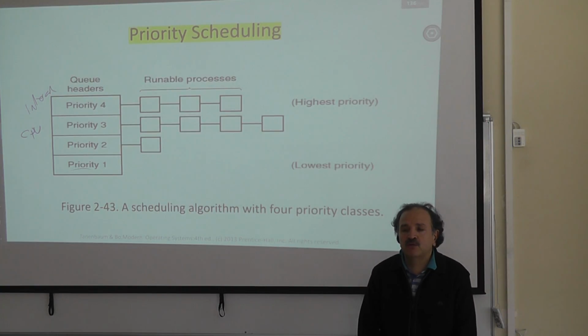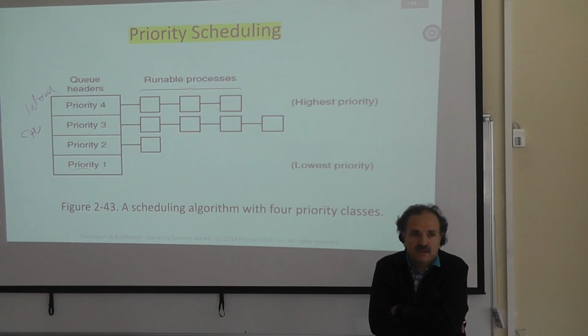Batch systems, how much is the quantum time for batch systems? It is infinity, right? You will run as much as you like until you are blocked, since batch tasks are the lowest priority items.